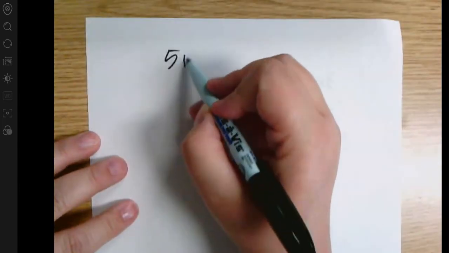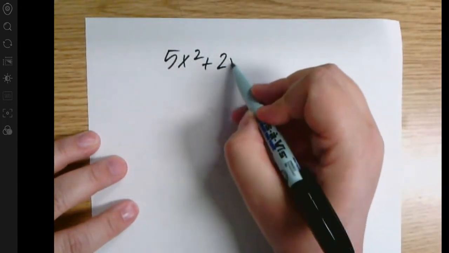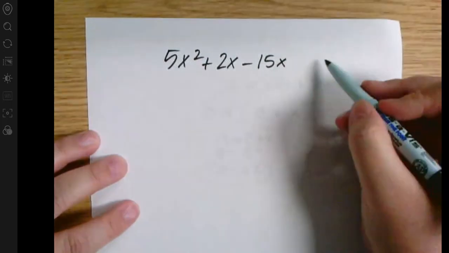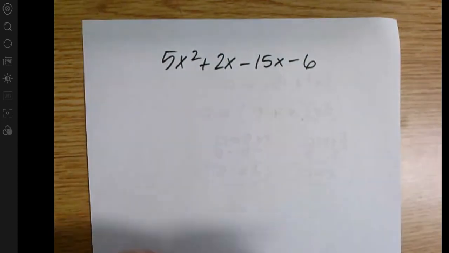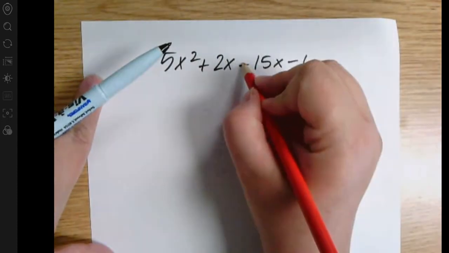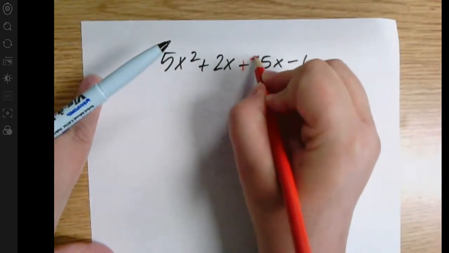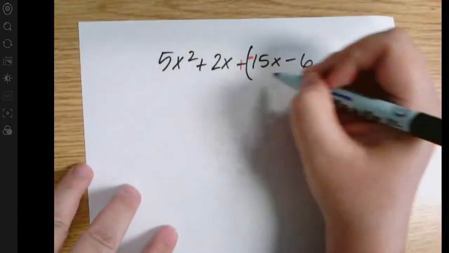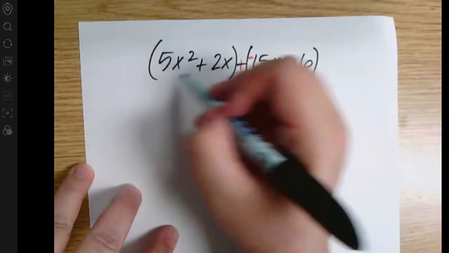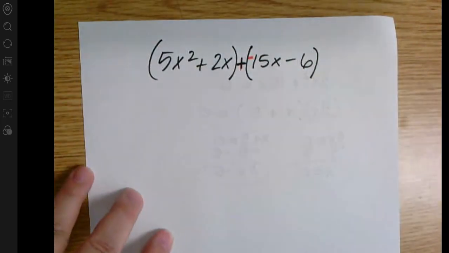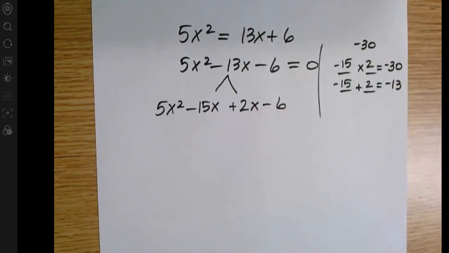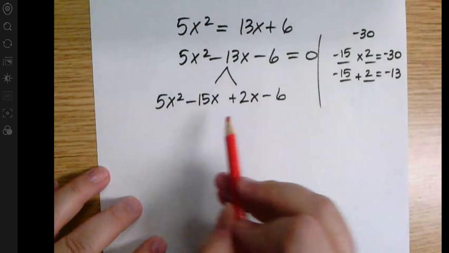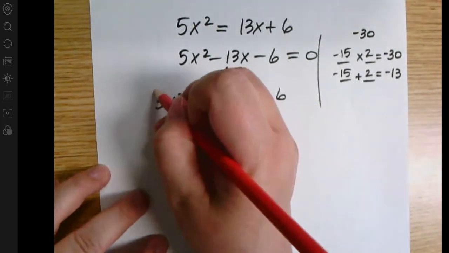If you said 5x squared plus 2x minus 15x minus 6, it's not a big deal, but remember we want the middle term to be plus, so I would basically move that minus over as a negative with this guy and put it inside the parentheses so that it's plus right there in the middle. It would make our work look different along the way, but we would still get the same answer if you traded these two.